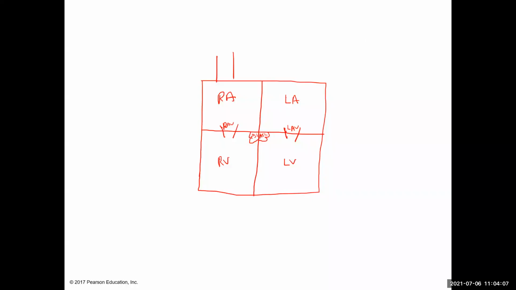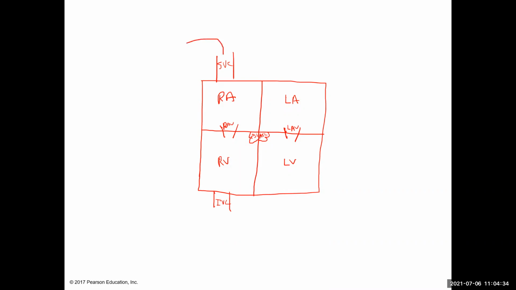All right, sorry about that little glitch. My screen sharing stopped. So you have your superior vena cava, and then you have your inferior vena cava. And what we can then draw is the arrows and how this blood travels through the body.